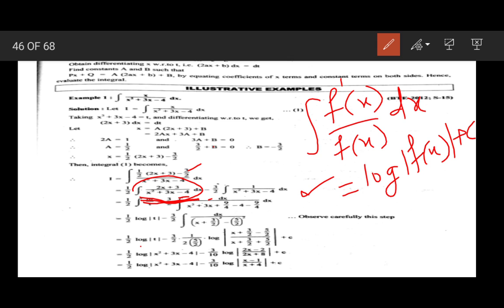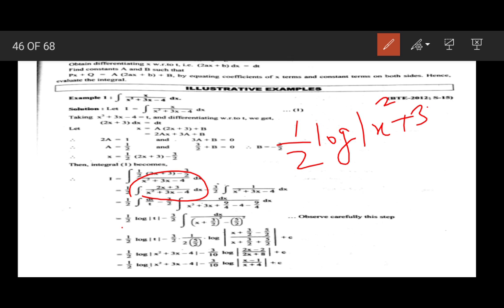Okay. Now second part is 1 upon quadratic equation. So what we have to do? Here we have to find third term. Then we have to add and subtract the third term. Right? We have to apply the third term method.